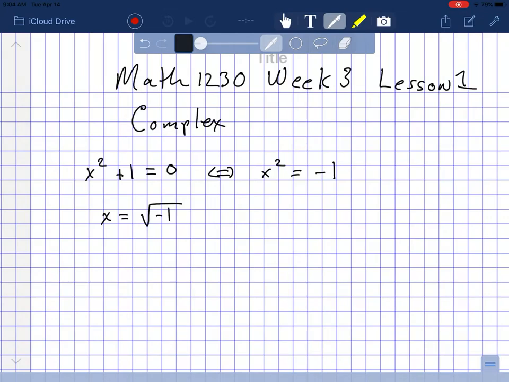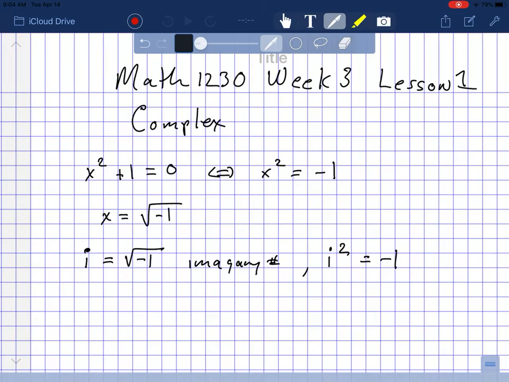So what we're going to do is invent a new number, and this new number is called i. So we set i equal to the square root of minus 1. This is called an imaginary number. And it has the property that i squared is equal to negative 1.